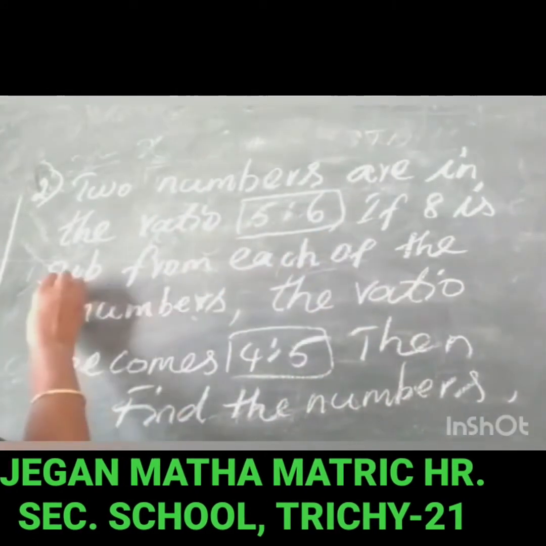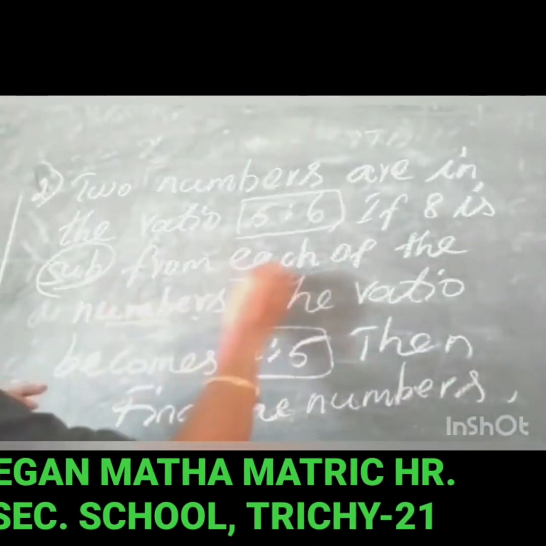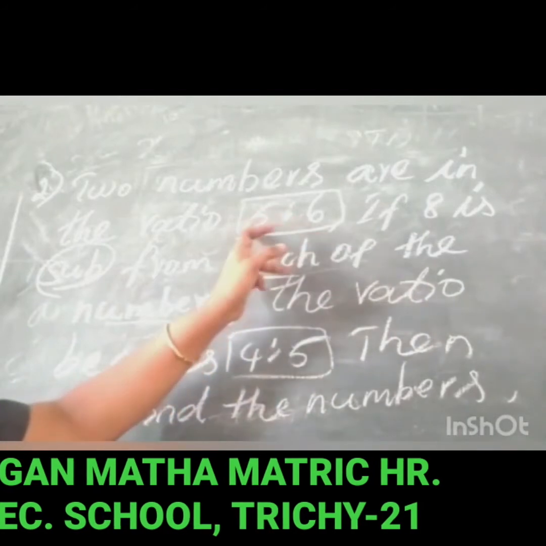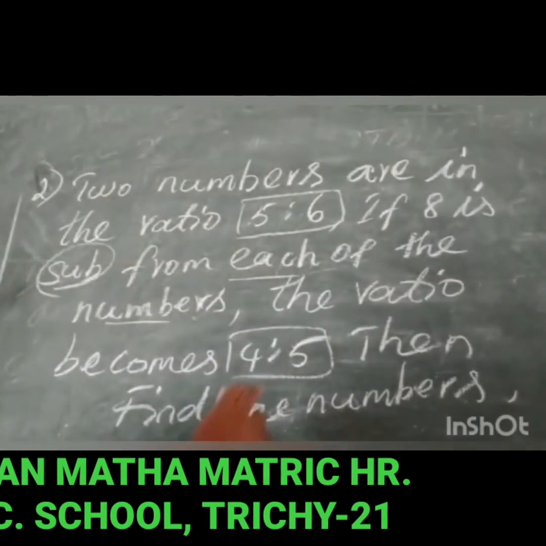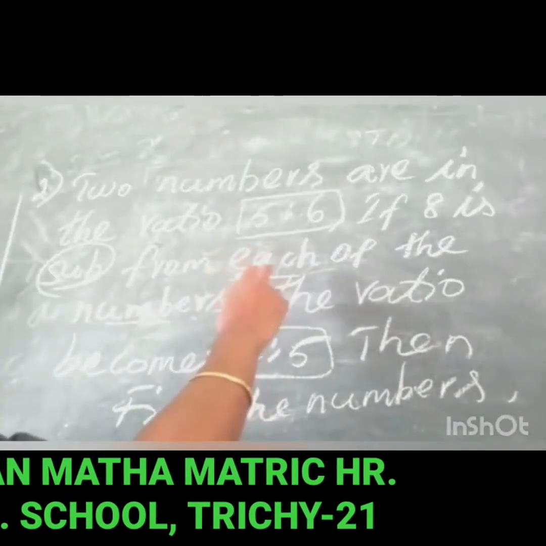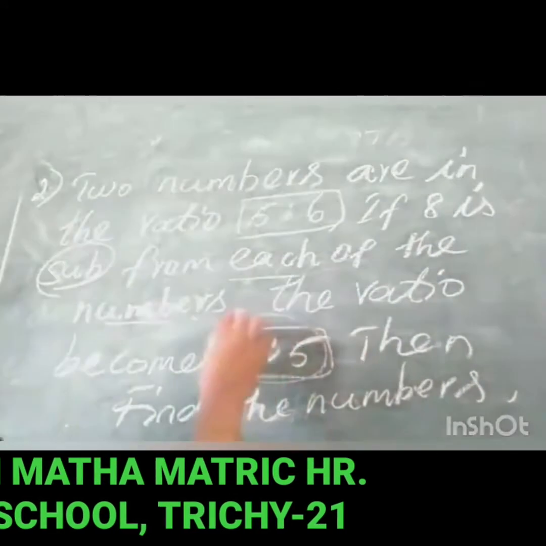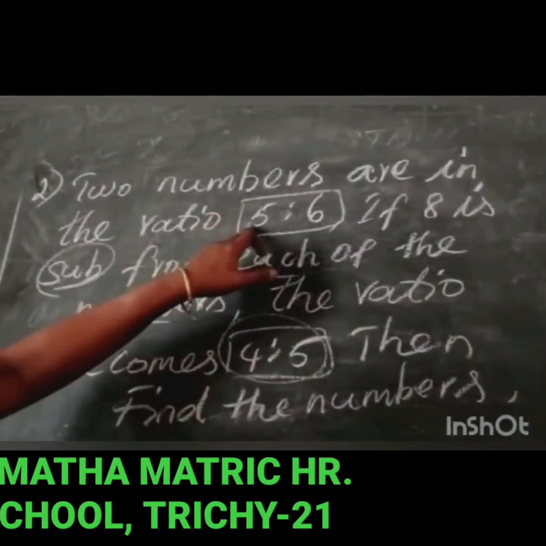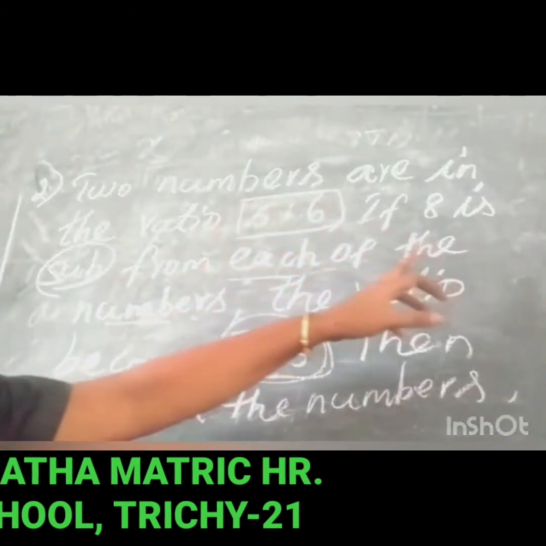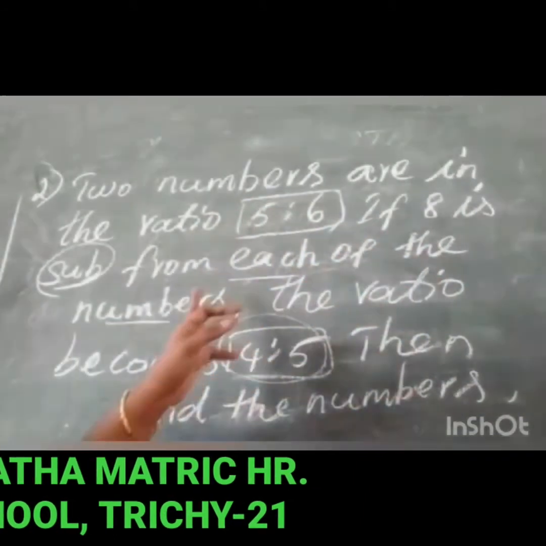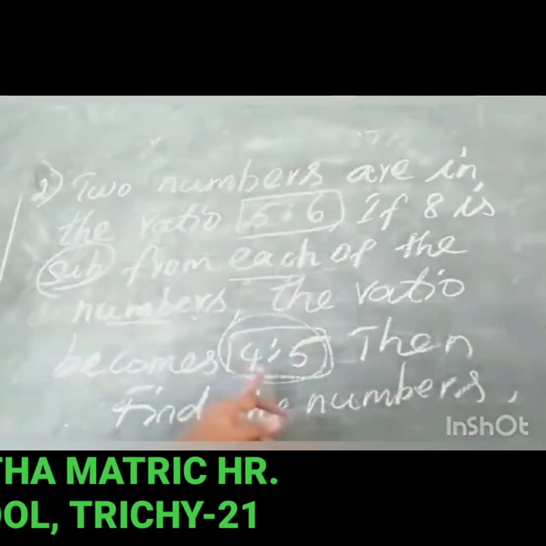If 8 is subtracted from each of the numbers, from the first and the second number, the ratio becomes 4:5. Subtracted means the values are decreasing. So the ratio is 5:6, and when 8 is subtracted from each of them, the ratio becomes 4:5.